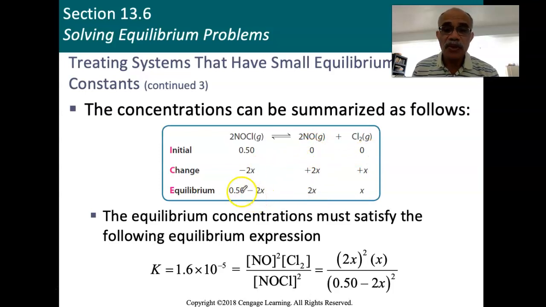So you'll have 0.50 minus 2x, 2x, and x. Now we can substitute into the equilibrium constant, and we see that K is equal to [NO] squared [Cl2] over [NOCl] squared. So substituting in these variables, you'll have (2x) squared times x divided by (0.5 minus 2x) squared.